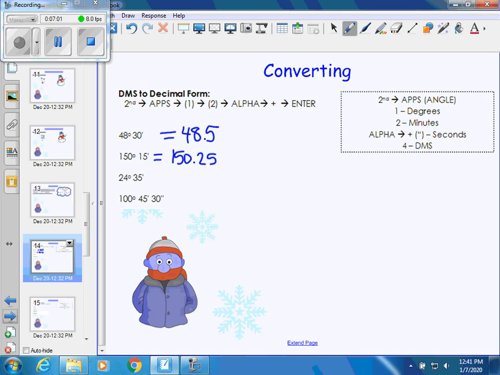So we're going to hit 100, second apps 1, 45, second apps 2, and then 30, alpha plus sign. And then we're going to hit enter.